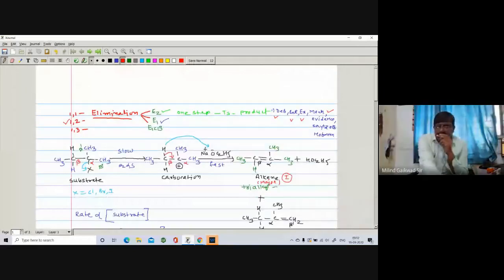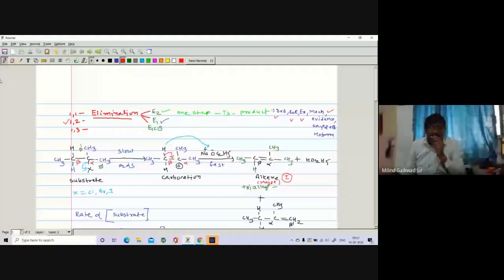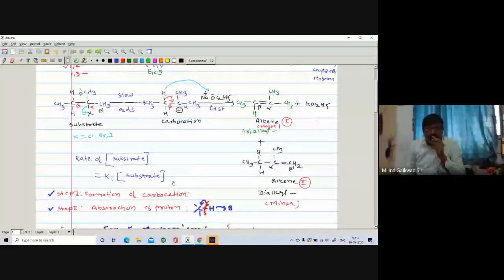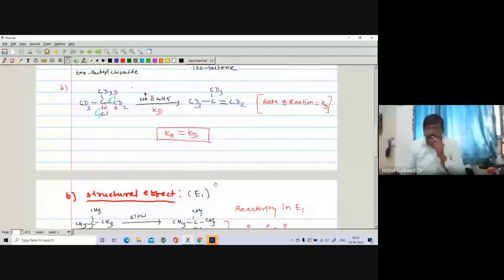Okay, right. So here we have seen that there is the formation of carbocation first, and from this carbocation there is an abstraction of proton, and you get the alkene. Then we have seen evidence for the mechanism: no kinetic isotopic effect, and the structural effect.